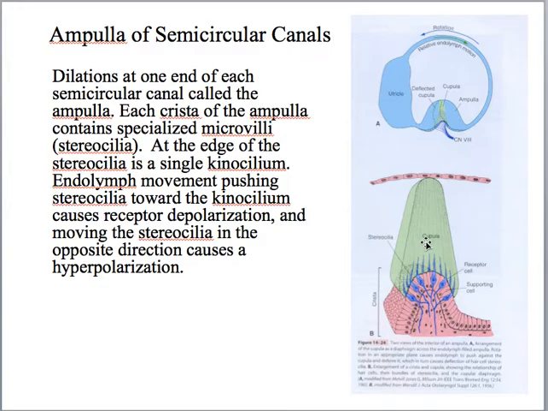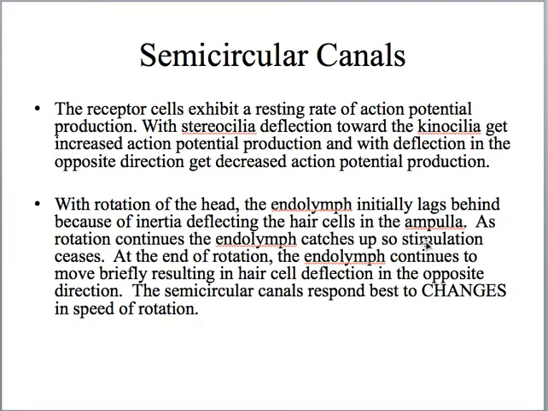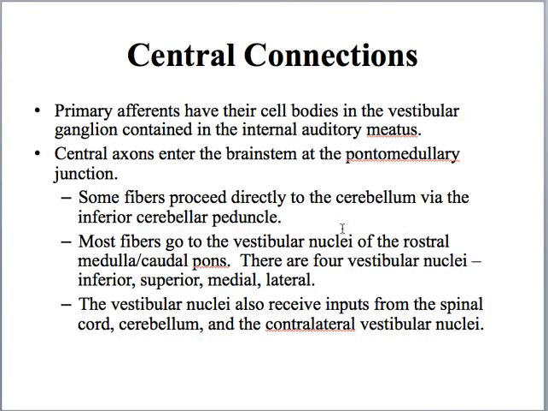Let's turn to slide number 11. These are the central connections associated with the vestibular system. Your primary afferents have their cell bodies in the vestibular ganglia, which are located in the internal auditory meatus. That's your primary neuronal cell.